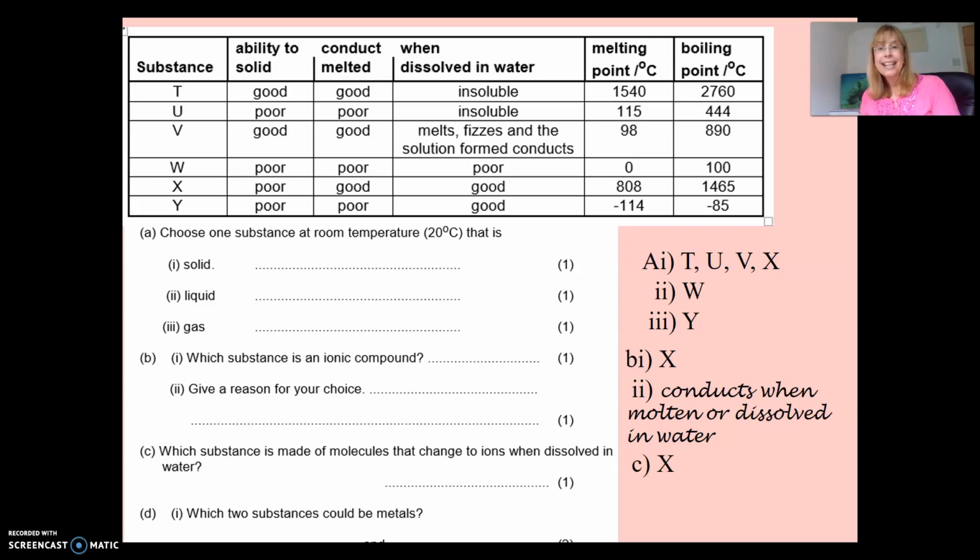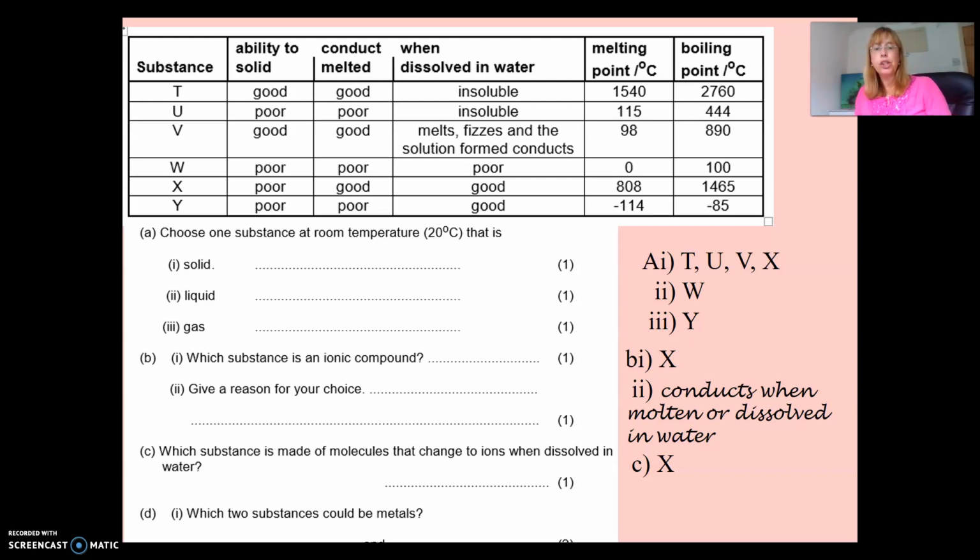Again, that is my ionic substance. When it is dissolved in water, it is able to form ions and conduct electricity. As a salt, the particles are very close together as a solid, but as it melts or dissolves, the particles are further away, and that's what allows the electricity to flow through.